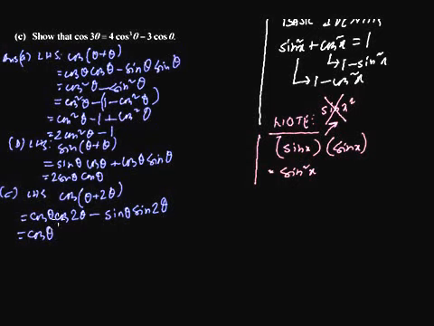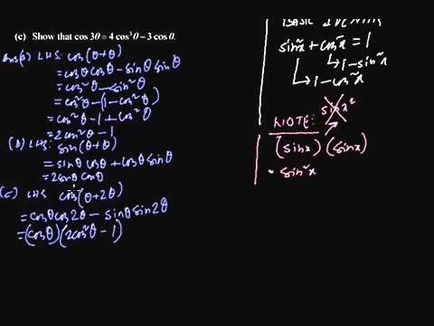So cos theta would be the same, let me give a bracket here, and cos 2 theta expressed in terms of cos, because the answer that we have to prove is expressed in terms of cos. So cos 2 theta is going to be 2 cos square theta minus 1. So instead of cos 2 theta I am writing 2 cos square theta minus 1.